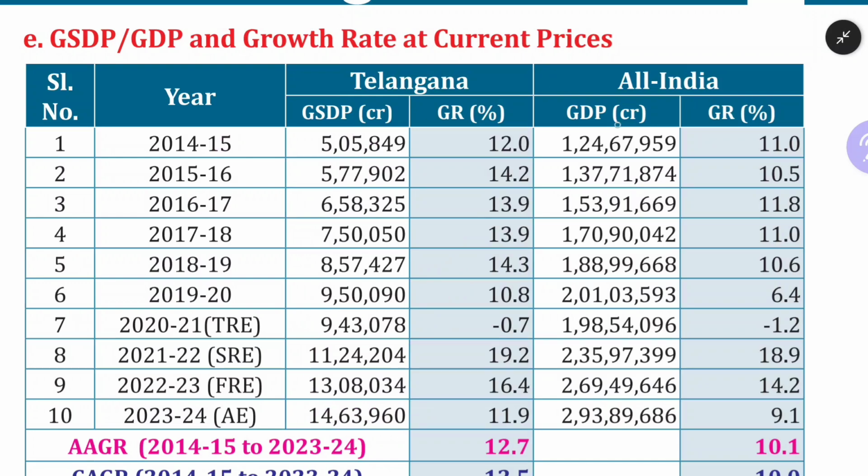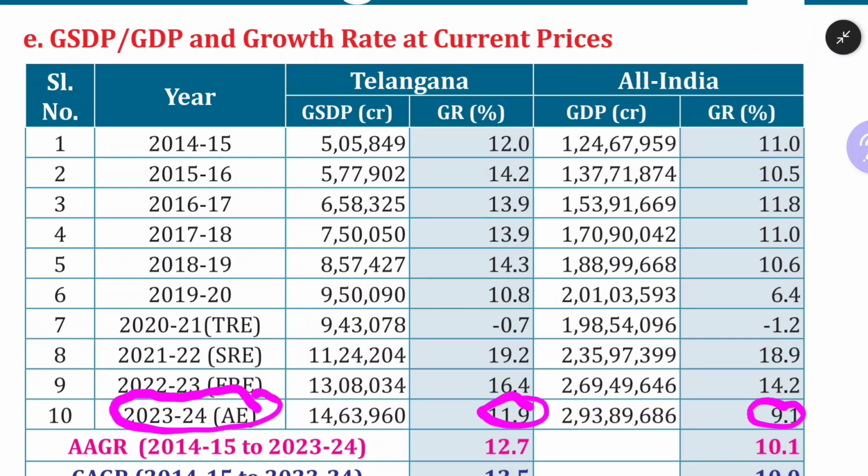With regard to India, it is 1 crore 24 lakhs and it became 2 crore 93 lakhs, almost 3 crores. So a little better we are here. Telangana's GSDP growth rate, according to the rankings, was 11.9%, whereas that of India is 9.1%.